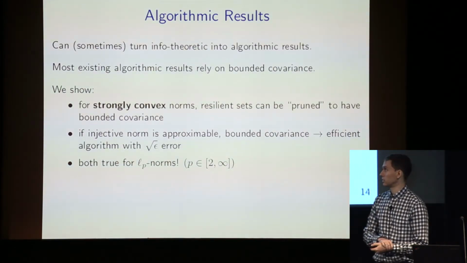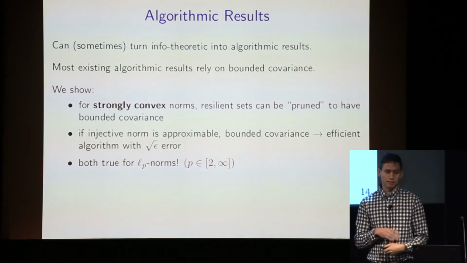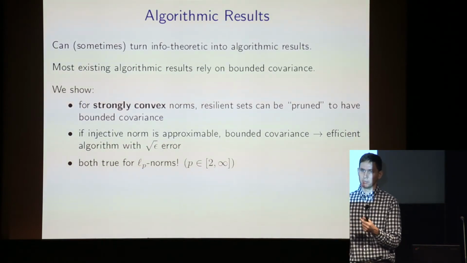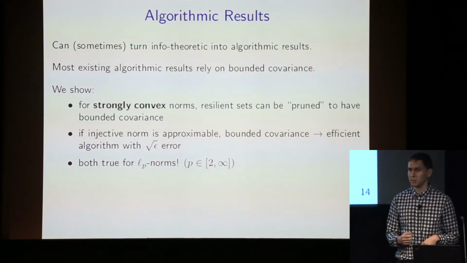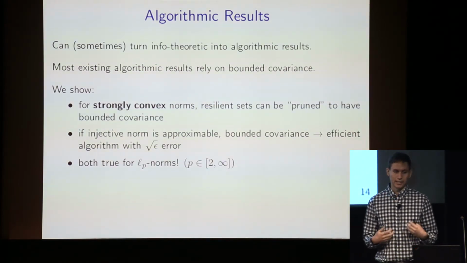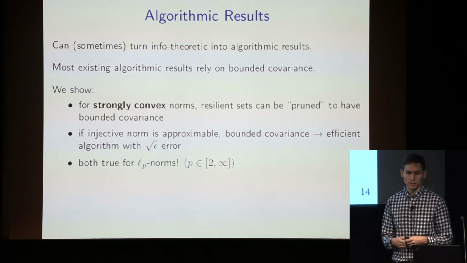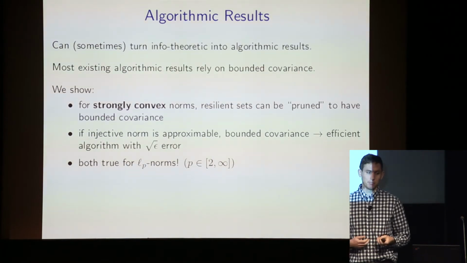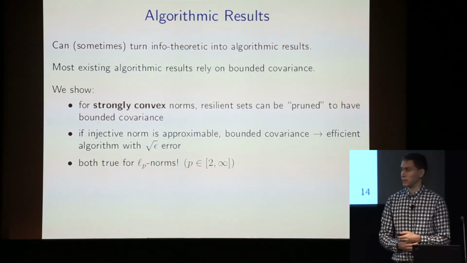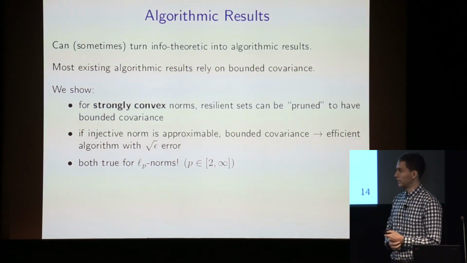So we show that as long as the norm is strongly convex, a resilient set can be pruned, so you can remove some number of points to make the remaining points have bounded covariance. And then separately, we show that as long as you can solve a certain approximation problem, then anytime you have bounded covariance, you're going to be able to efficiently recover the mean with this square root of epsilon error rate.